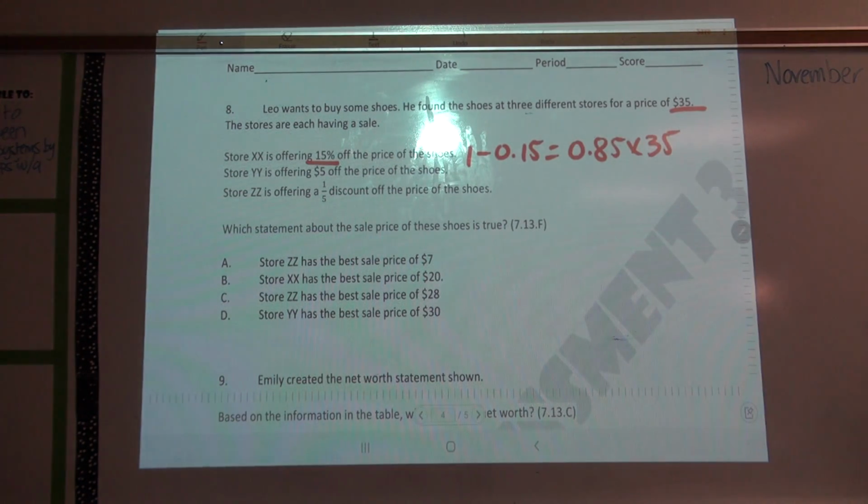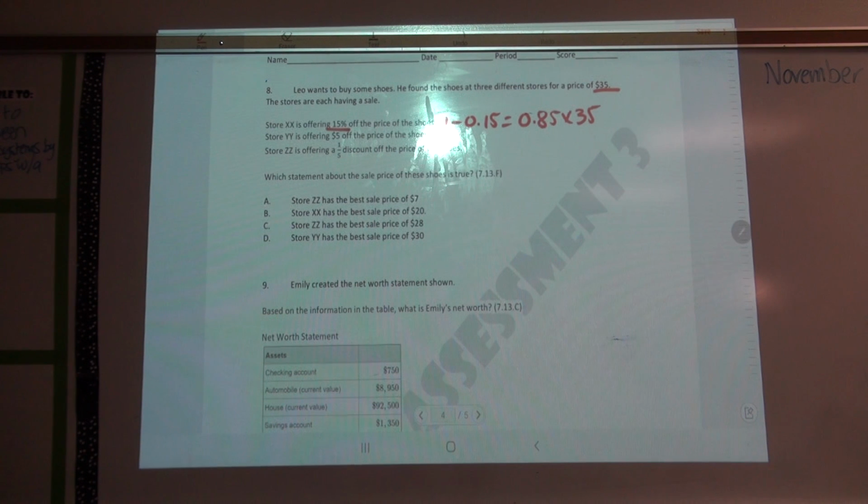That's going to give you the new sales price. When you multiply 0.85 times 35, you get $29.75. Now, I'm not done because I have to do the same thing with the other ones.